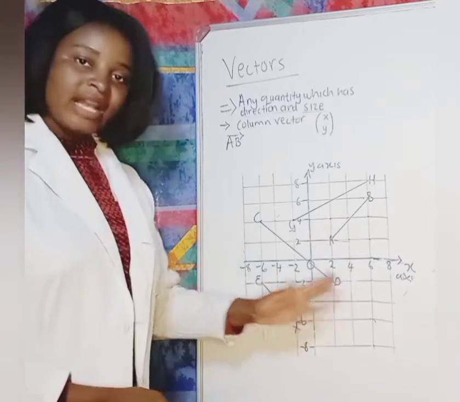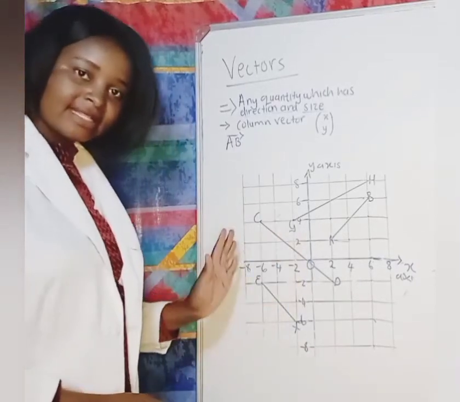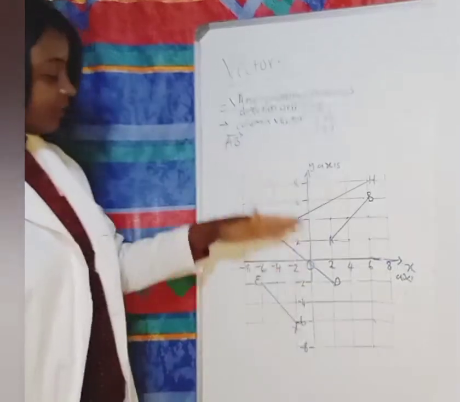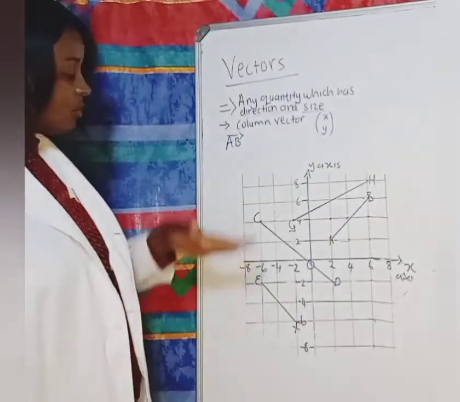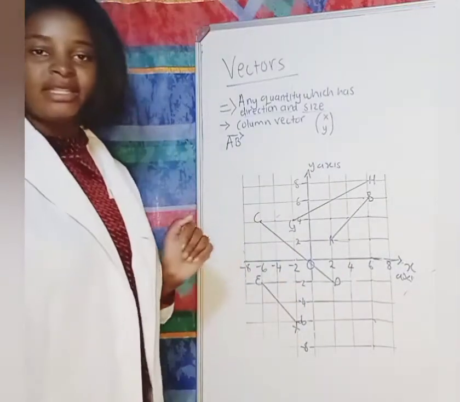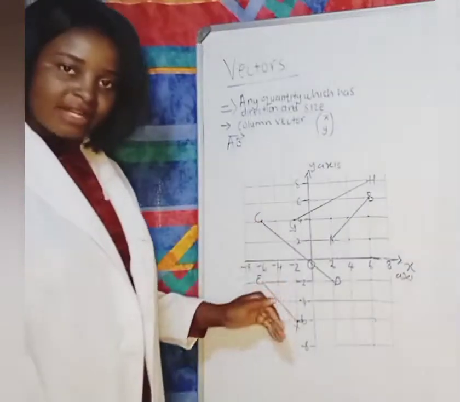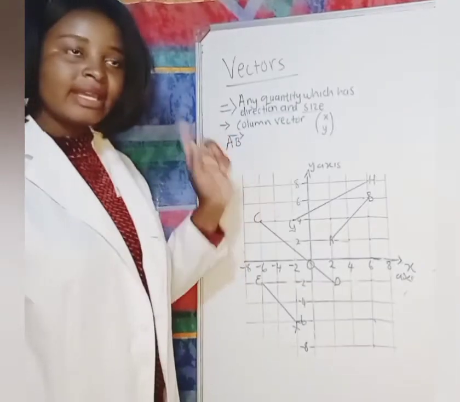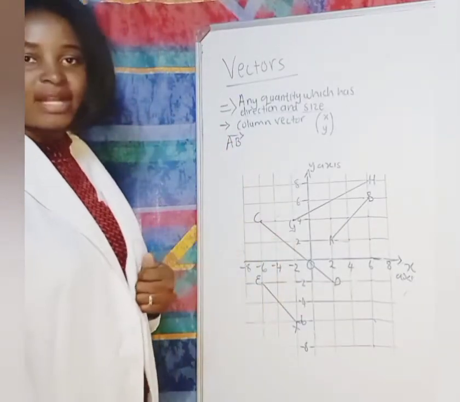You move to the left in the x-axis, your x value is negative. For the y-axis, if you move down, your y value is negative. If you move steps going up in the y-axis, your y value is positive.